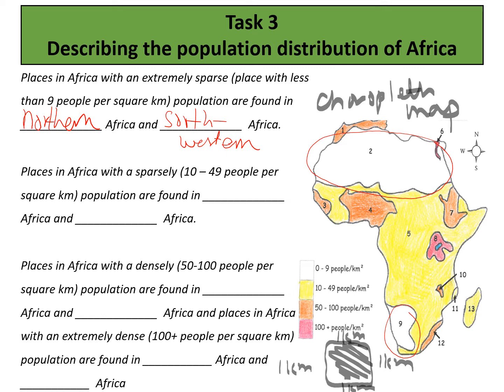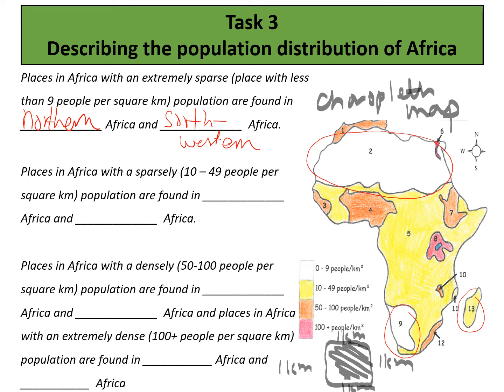So let's talk about the next place then, the yellow colour. So places in Africa with a sparse population, so they're between 10 and 49 people per square kilometre. There's a lot of places you could talk about. You could talk about Madagascar, which is here, or you could talk about the majority of Africa.